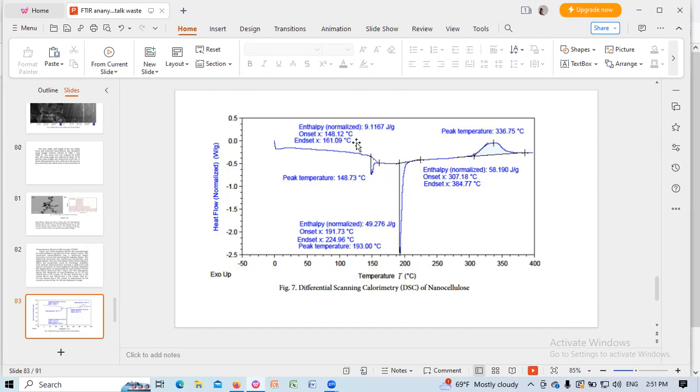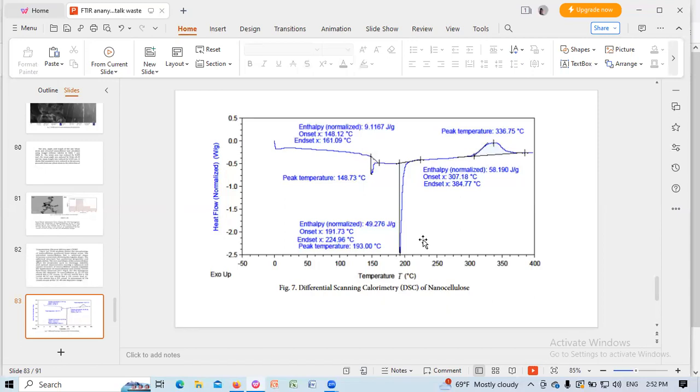Another sharp endothermic peak was observed at 193, having the enthalpy of 49.276 joule per gram, and another exothermic peak at 336.75 degrees Celsius with enthalpy 58.190 joule per gram.